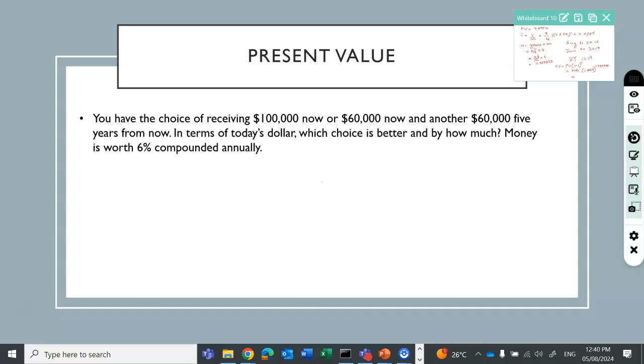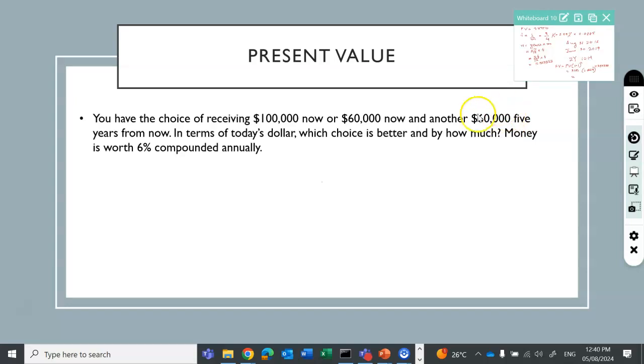In the first option, the $100,000 now is already in present time. In the second option, $60,000 now and another 60,000 in 5 years from now. The first 60,000 is given in today's time, but the second 60,000 is in the future, so you have to find its value in current time.